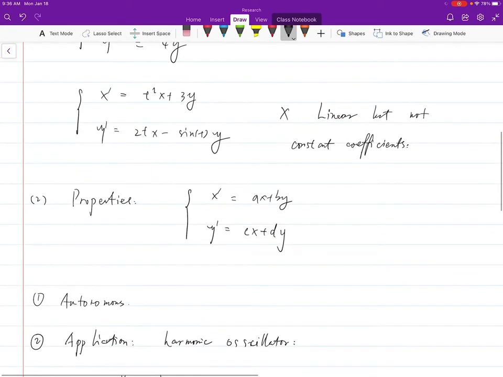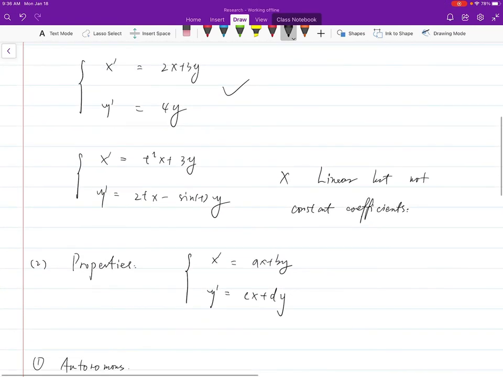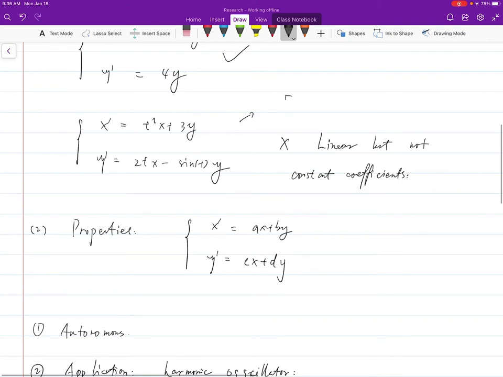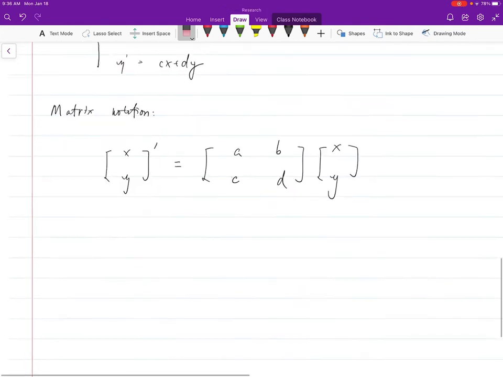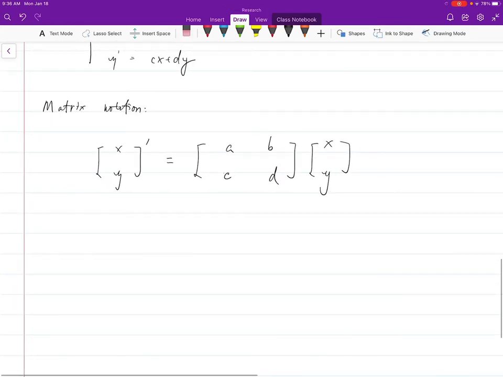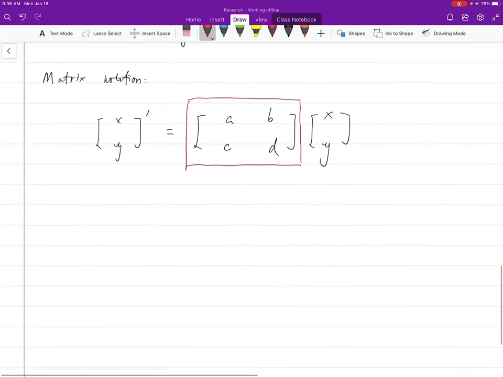So if it's a general linear system like this, we are still able to write it as a matrix, something like this. It's very easy to do, but the matrix will depend on time. So the reason we want to focus on the linear systems with only constant coefficient is because then this can be written as a matrix with numbers, not a matrix with functions of t.